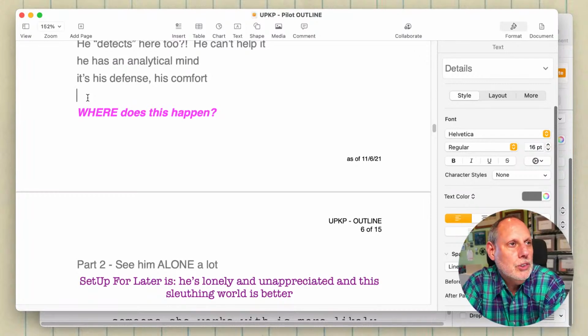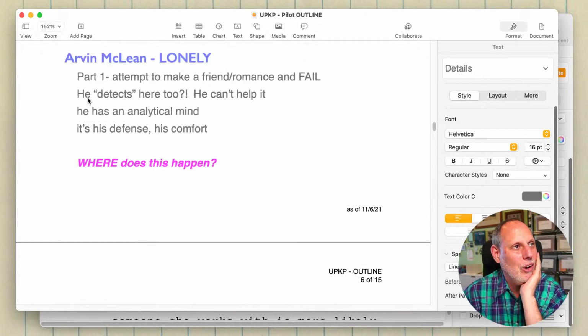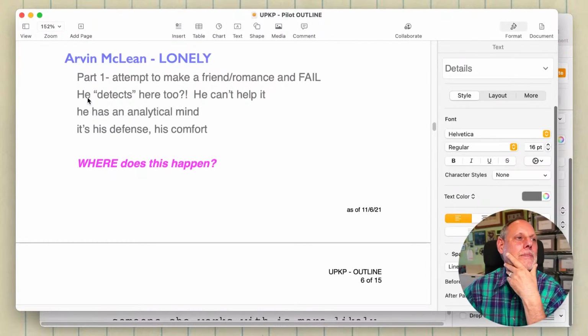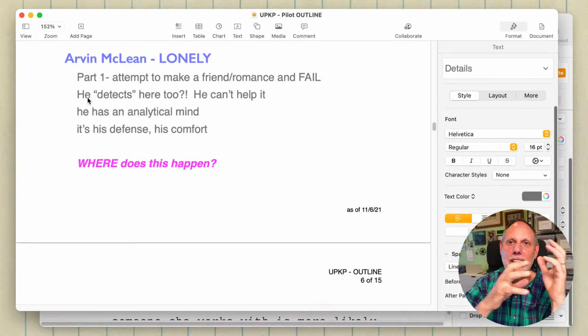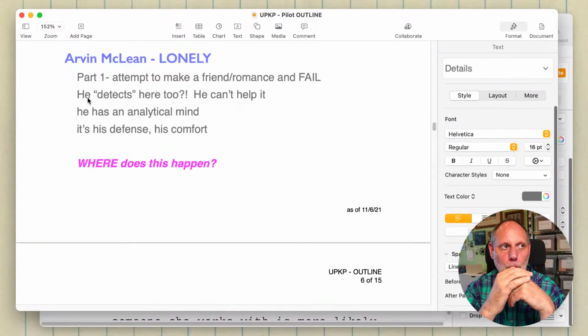So here's my question. I actually had the answer to this when I typed that question, and now I have lost it. I've forgotten what I thought. Do I think it makes more sense to have to see him fail and then see him be alone? I kind of think so, because if we see him being alone and then failing, it sort of gives too much weight to the failure.